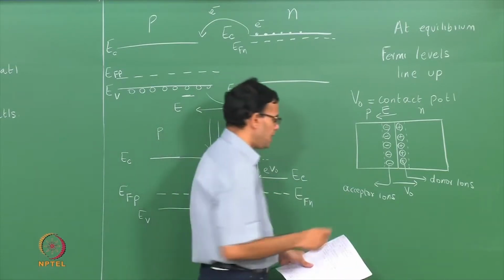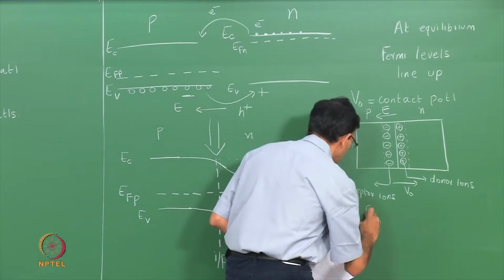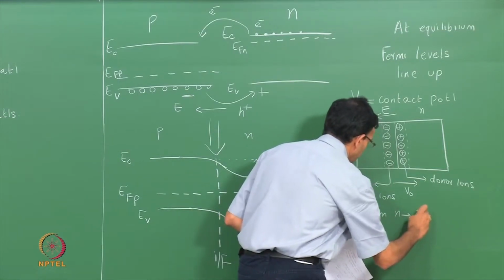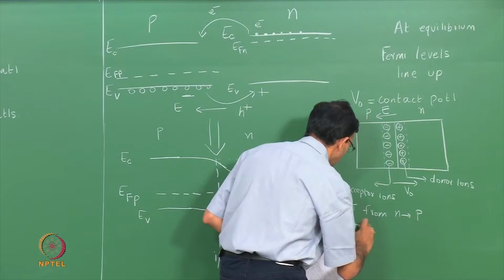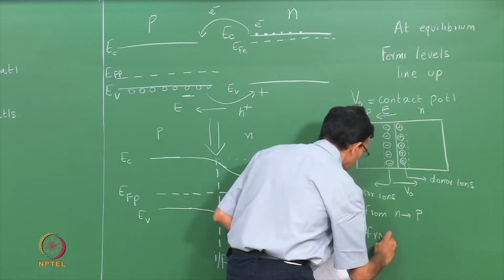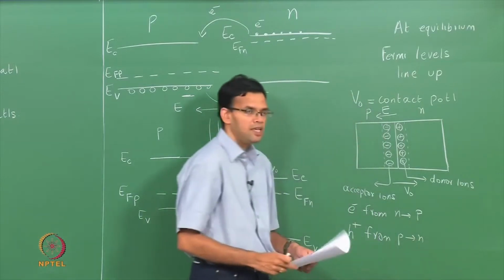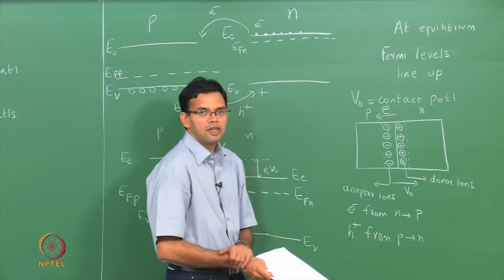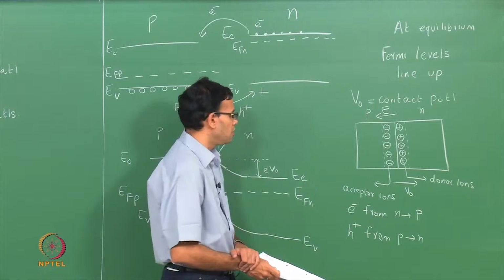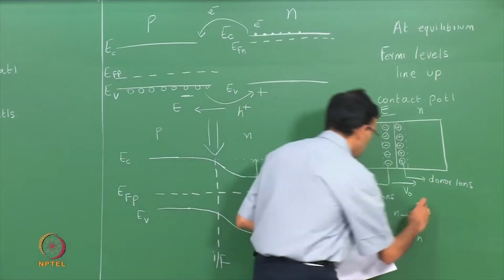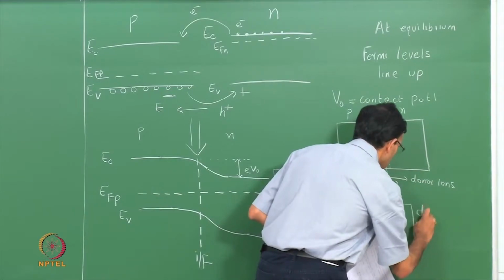So, we have excess electrons moving from N to P, and excess holes moving from P to N, and when these meet, they recombine and get destroyed. What we are left with is a depletion region around the junction.